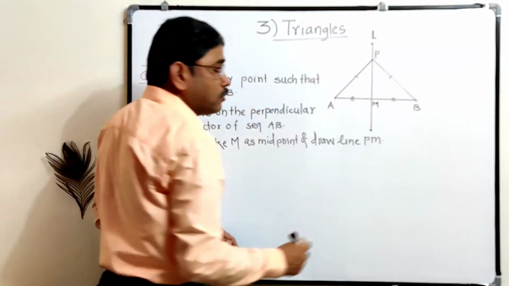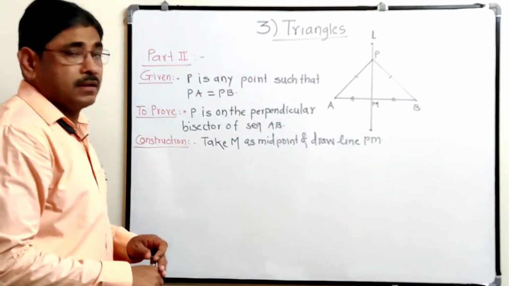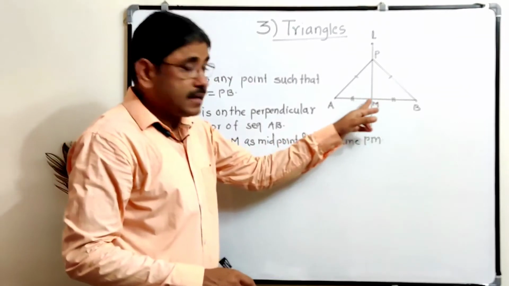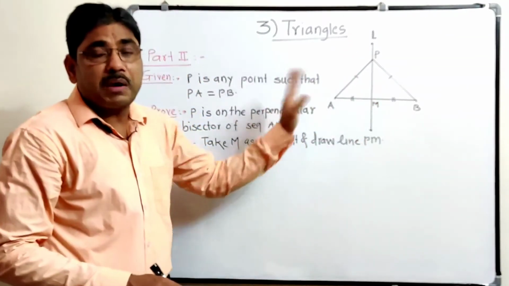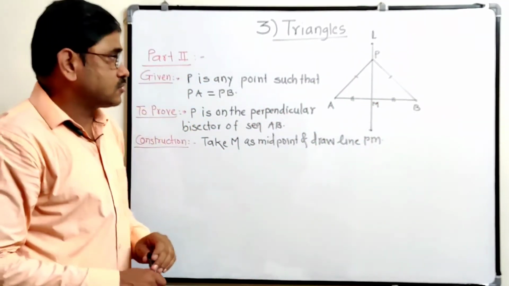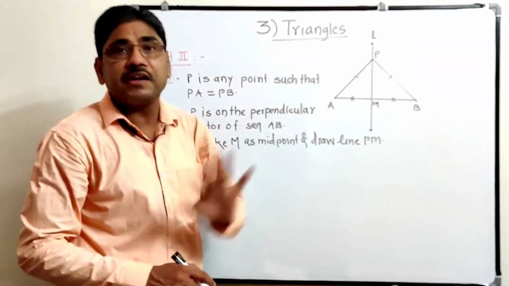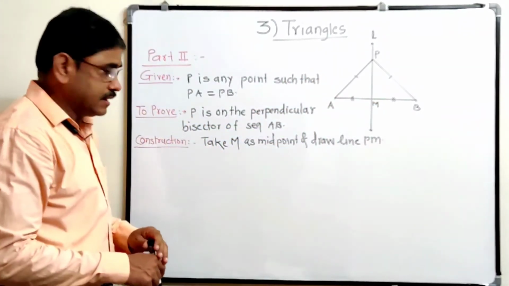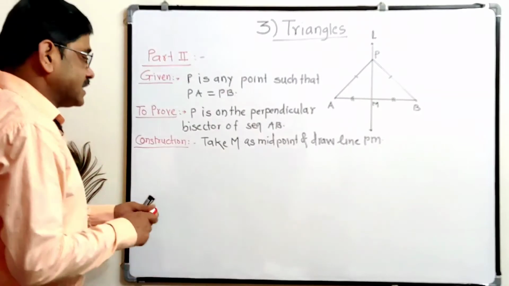That means now we have to prove this line PM, it is through the midpoint. So if it is perpendicular, then it is the perpendicular bisector. So we have to prove that PM is perpendicular to AB. If we can prove this, then it becomes the perpendicular bisector.